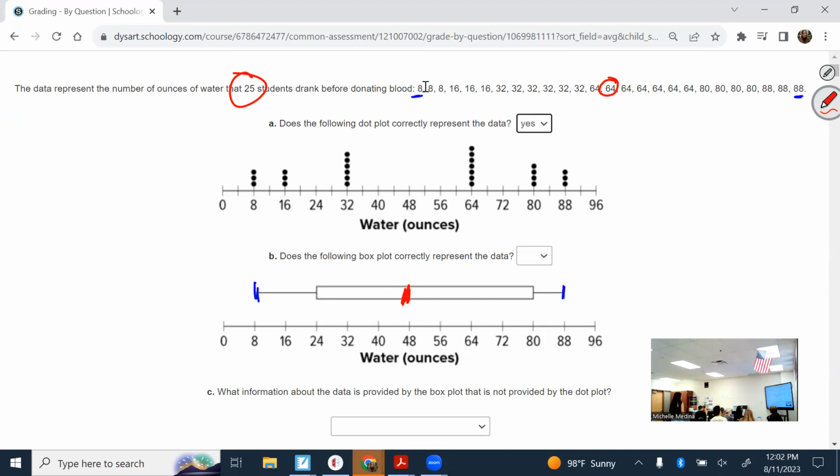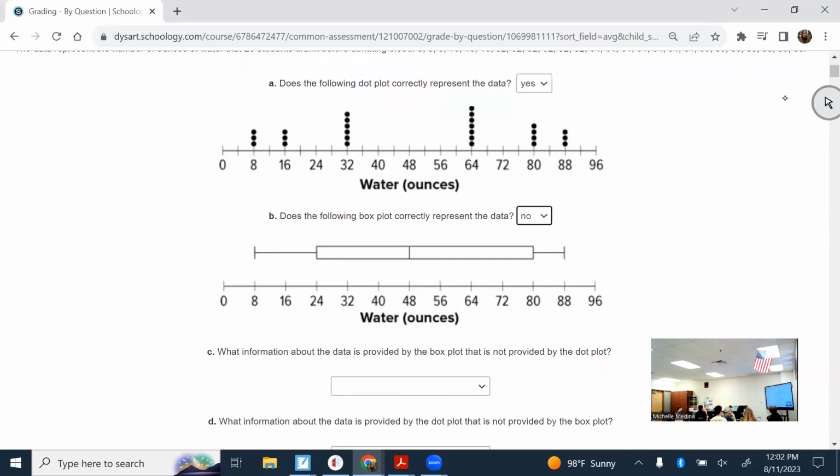No, it has it as 48. So we would say the box plot does not correctly represent it. I don't even need to check the quartiles because the median's wrong for sure. And then what information about the data is provided by the box plot that is not provided by the dot plot? Let's see what those options are.